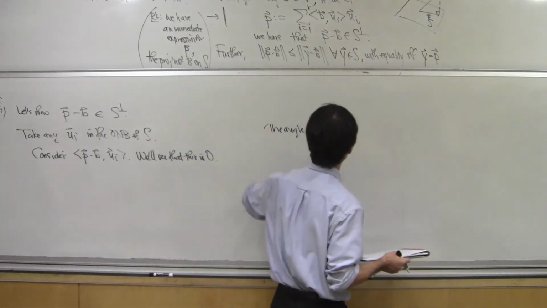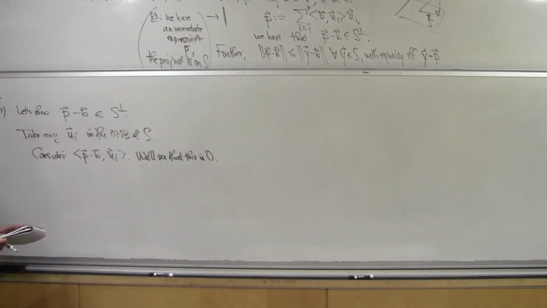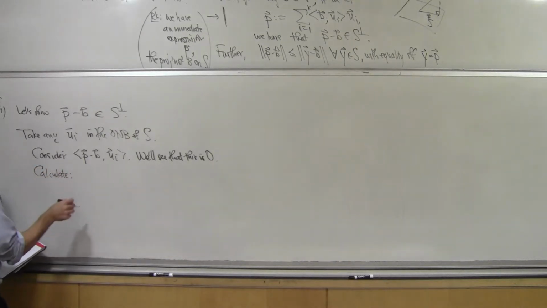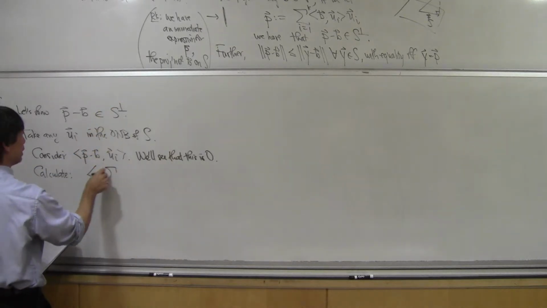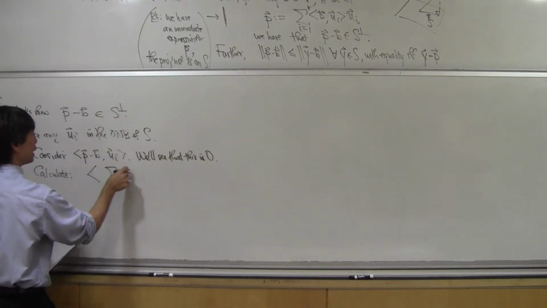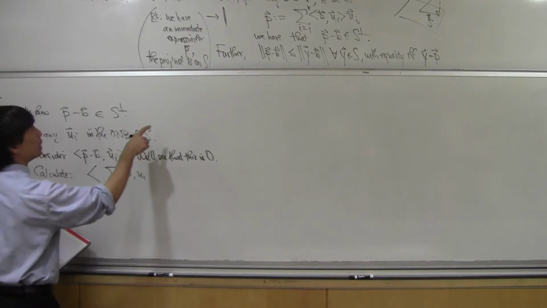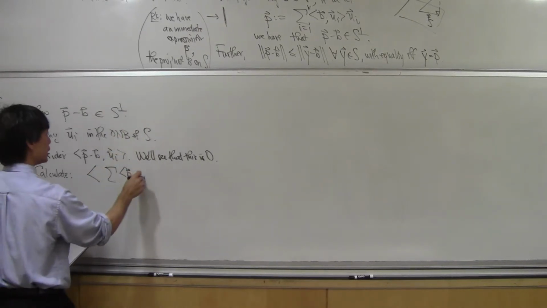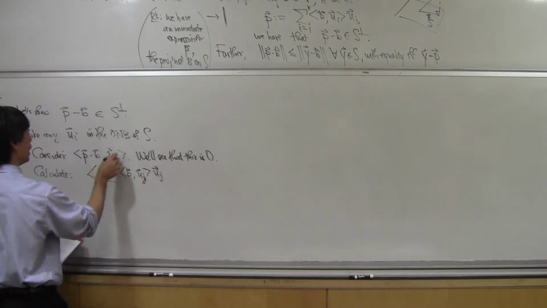Why is it 0? We'll see that it's 0 in a second. We're going to do the calculation. P, what was P? P was this guy. We take B against Uj. Let me use a different index, J, because I'm using Ui here.